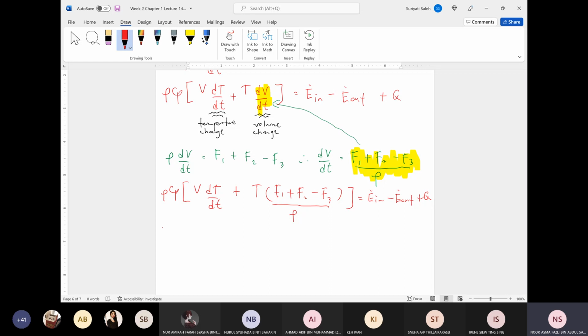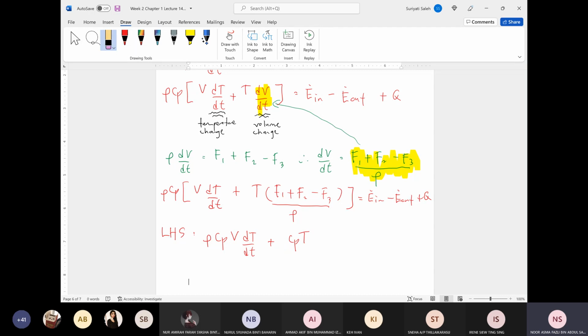So for the left-hand side, LHS, which stands for the left-hand side of the equation, I focus on it first. Rho Cp V dT/dt plus rho Cp T times (F1 plus F2 minus F3). Since you have the density in the first and the second term, the density can be eliminated.